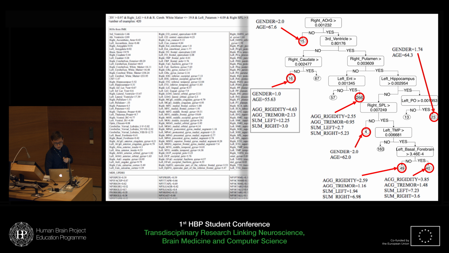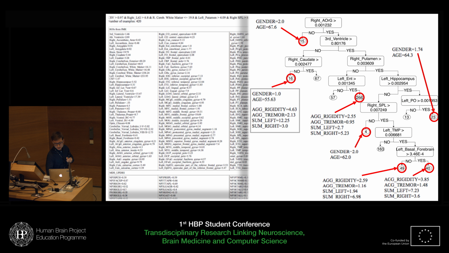And not only that, we can also look at which side of the body the Parkinson's disease manifests. As you know, in some patients Parkinson's disease manifests more on the left side, in others on the right side. We can see that these patients are much more affected on the left side of their bodies. But this group here is much more affected on the right side of the body.